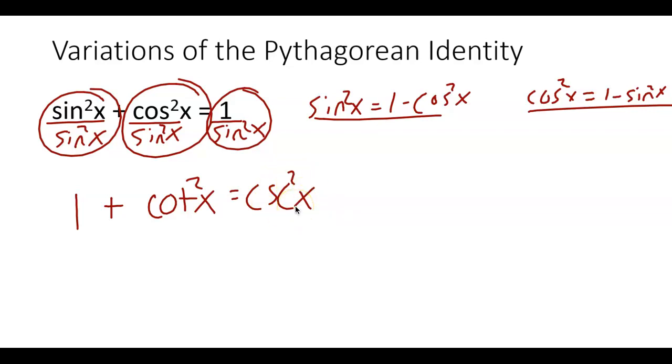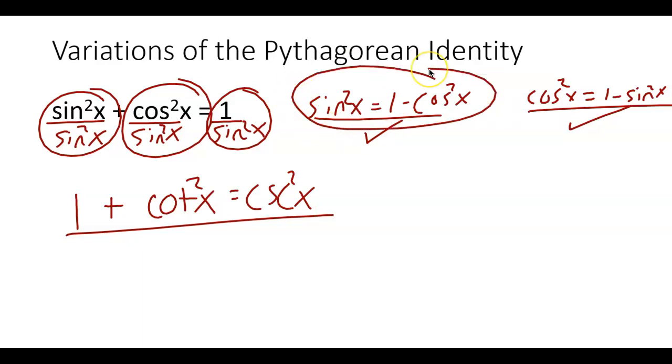All right? You could do that over here with these ones, and you're just going to get different variations of this same thing. So if you divided everything here by sine of x, you're going to end up with 1 equals cosecant squared x minus cotangent squared x.